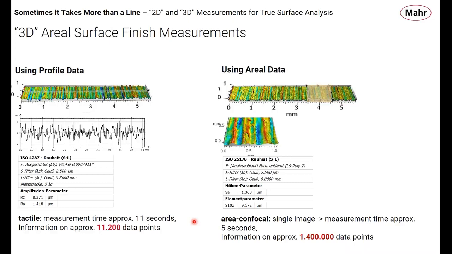On the confocal microscope side, which is what these measurements are from, a single square field of view is 1.4 million data points. So the point of this slide is that the nice thing about areal data and this digital data is we have a much higher data density.